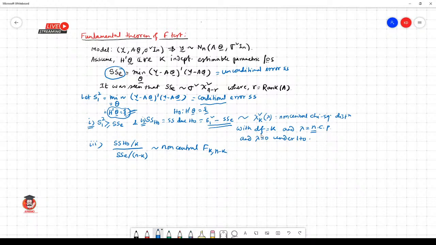Sorry, this is not n minus k, this is n minus r. Okay, so this should be n minus r. And under H naught, this ratio follows a central F distribution with k, n minus r degrees of freedom.